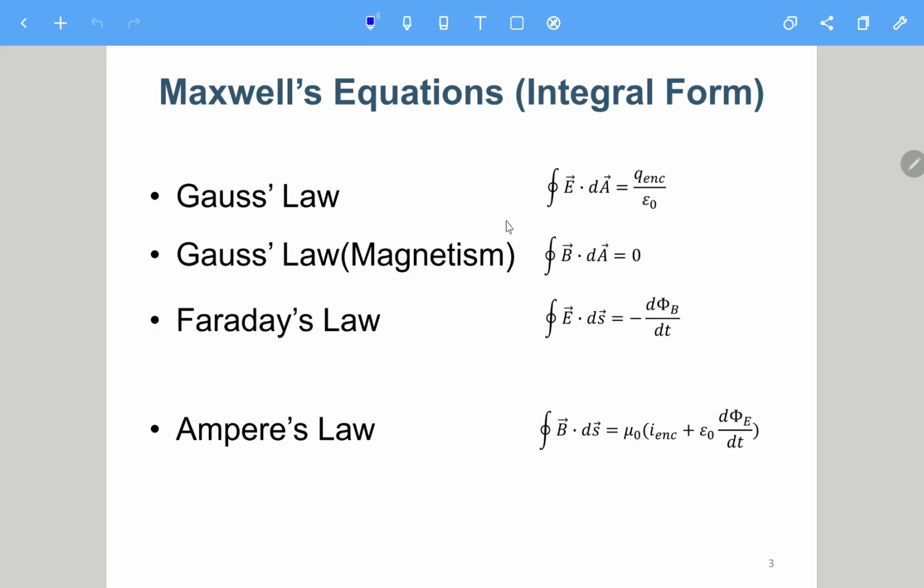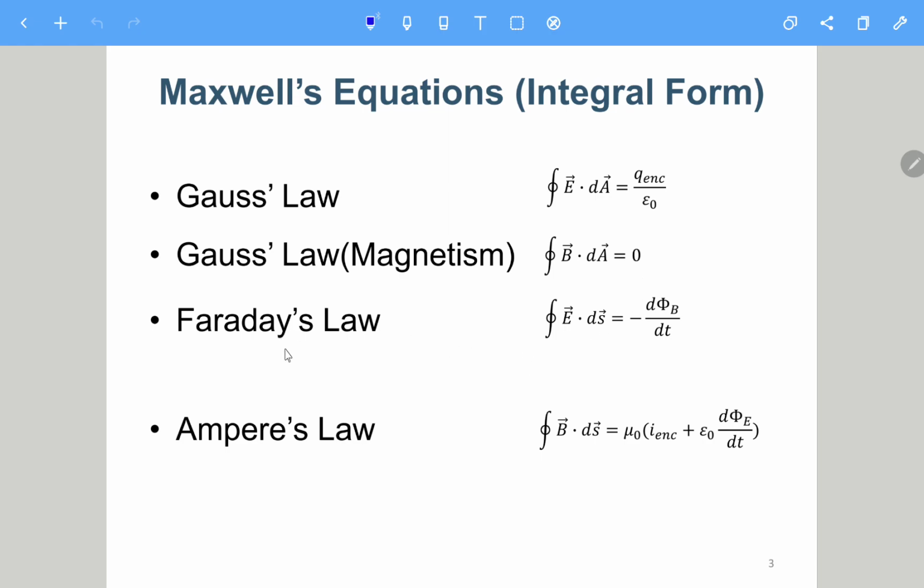For the first two, they look similar. Both of them are surface integrals for the E field and B field. On the right side of the first, Q enclosed over epsilon naught, where epsilon naught is a constant. For the second one, since we don't have a magnetic monopole, it should be a 0 on the right side.